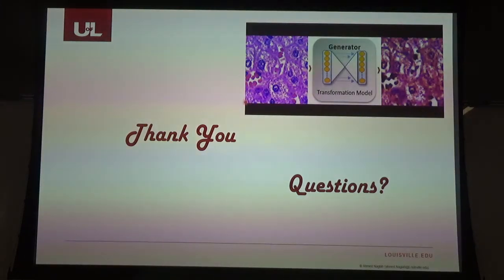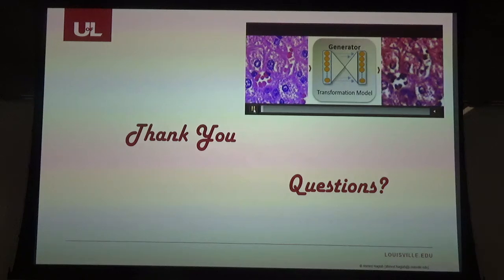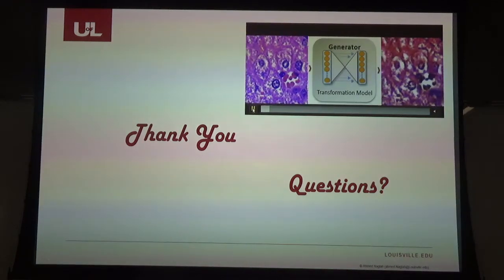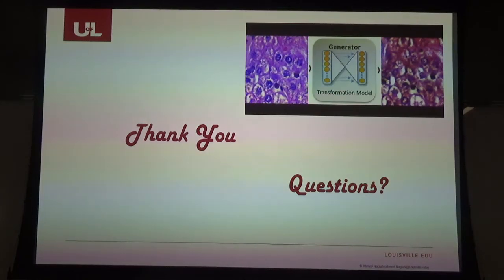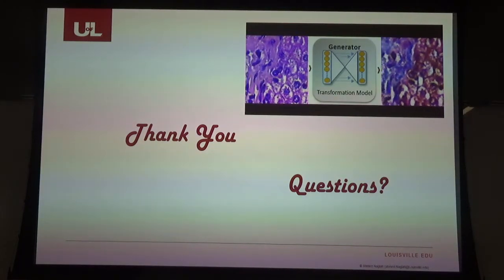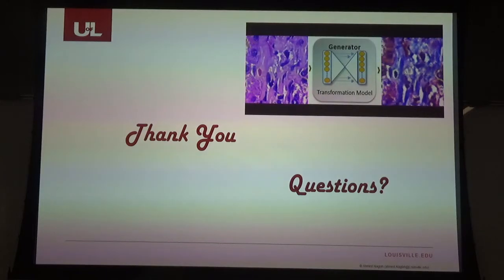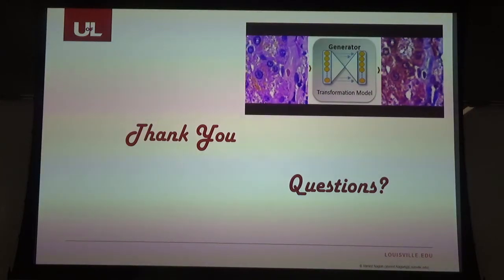So, briefly, before going to the questions, I can show you here. I'm not sure if it's working. Okay. Another application is that we can apply this inference in real time, so we can have instant mapping between the different stains.